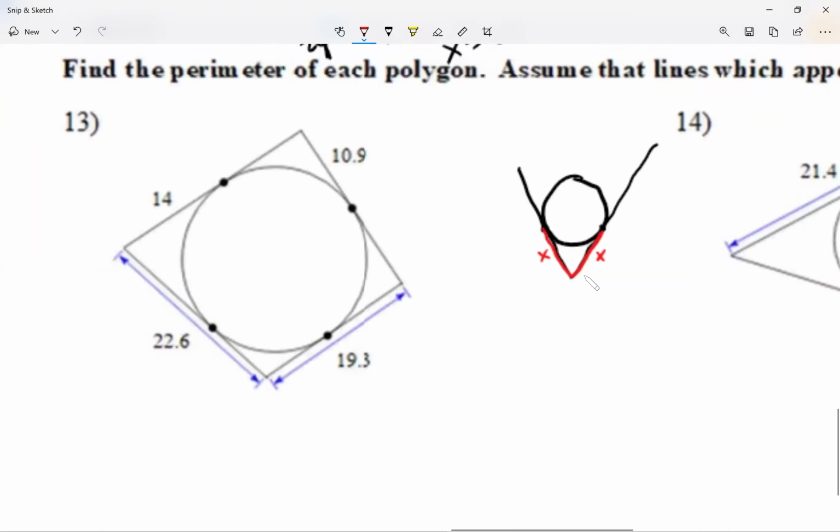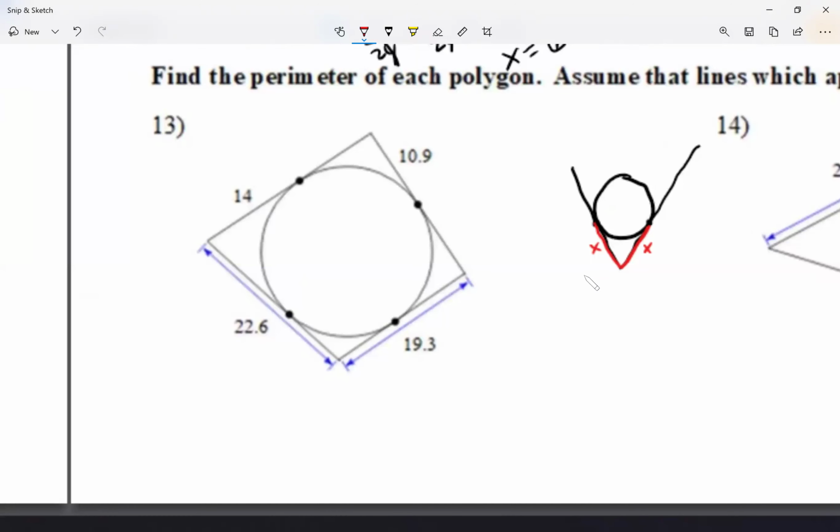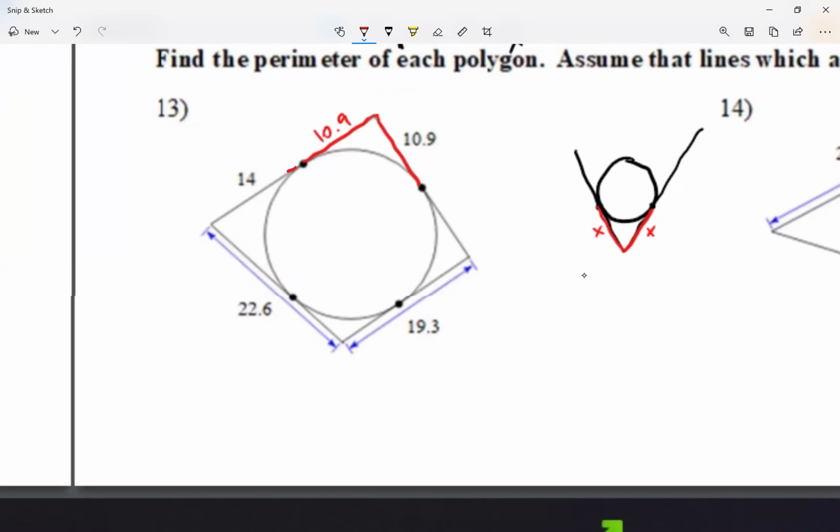So having that said, let's take a look at number 13. I see a tangent segment here, this is 10.9. And I see this other tangent segment here, I'm going to say this is also 10.9. Pretty cool. Now, I see another tangent segment here, this is 14.